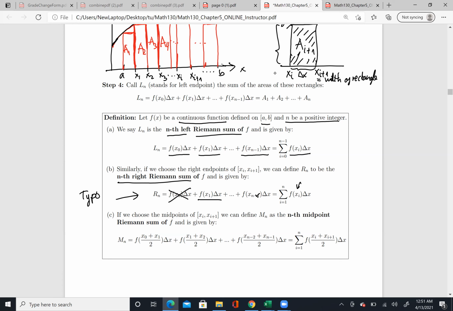So keep going like that until the last term is f of (x_{n-2} plus x_{n-1}) over 2 multiplied by delta x. And that's going to be equal to the summation of f of (x_i plus x_{i+1}) over 2 multiplied by delta x for i equals 1 to n.